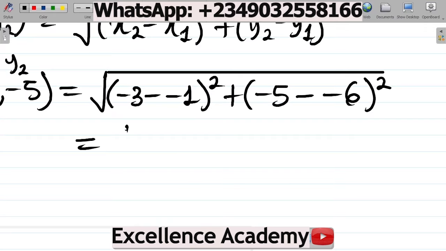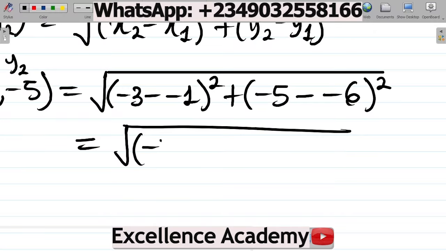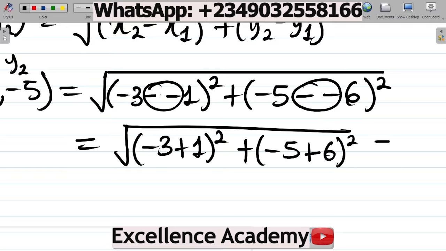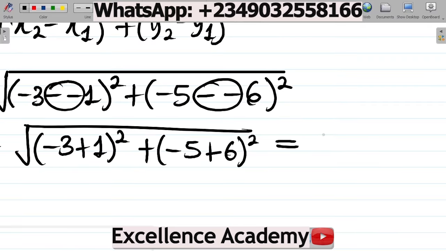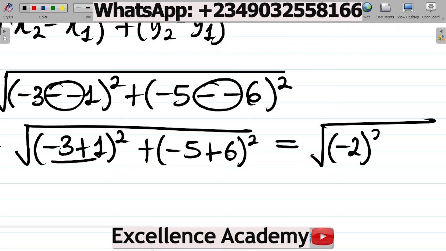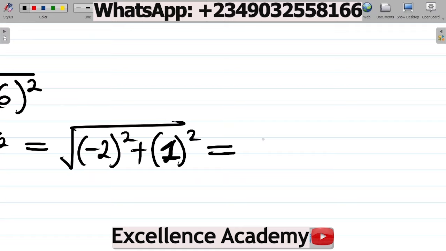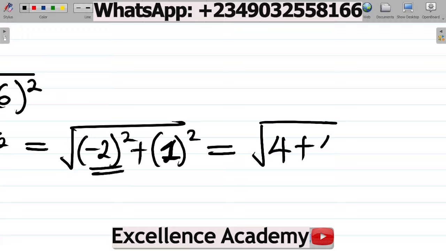Working on this, it is equal to the square root of -3 minus -1, which gives you -2, all squared, plus -5 minus -6, which is +1, all squared. -2 all squared gives you 4, and 1 squared gives you 1.